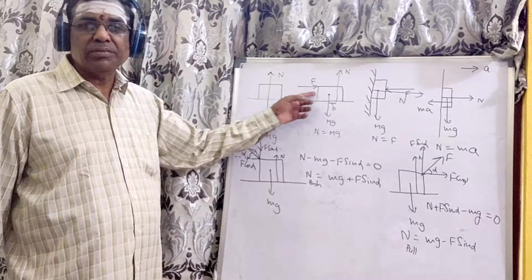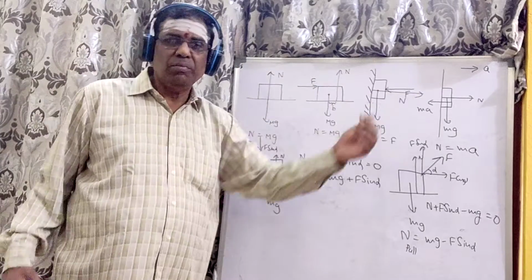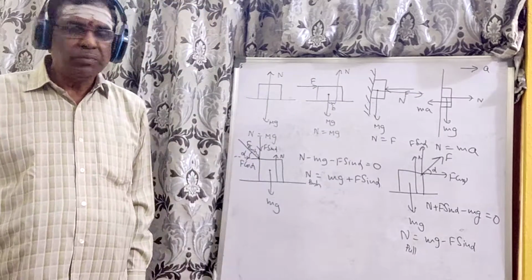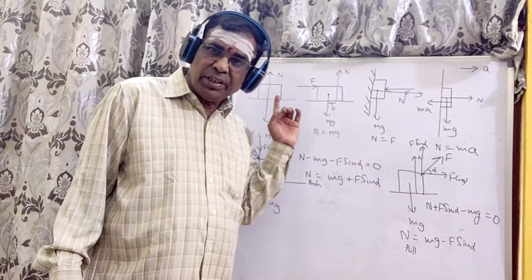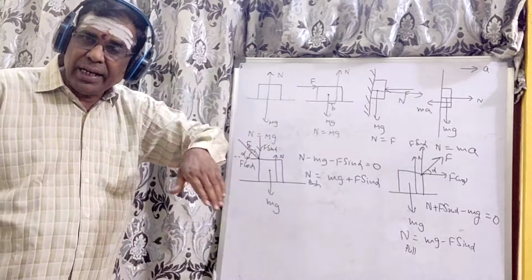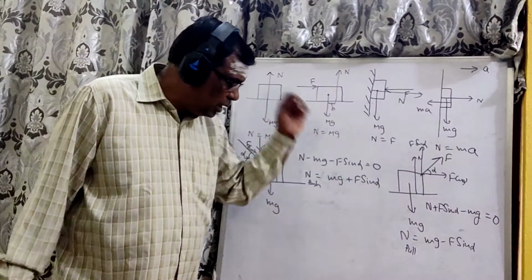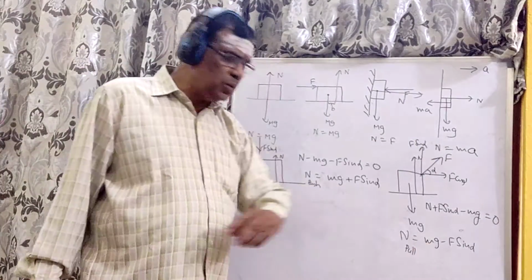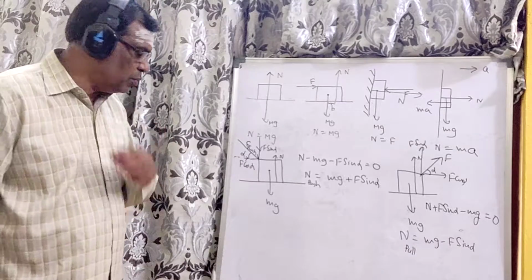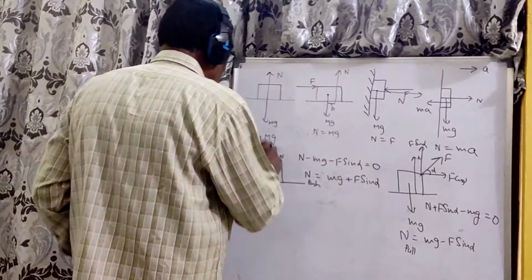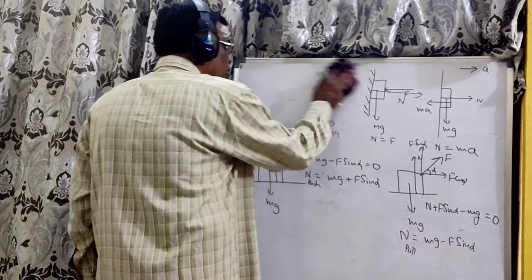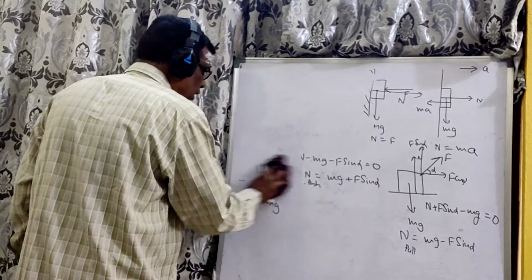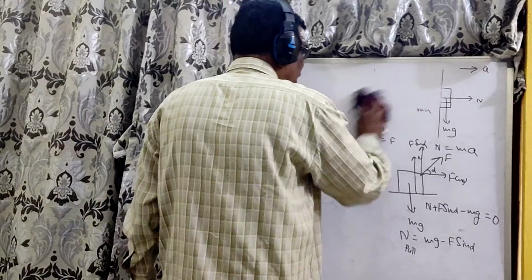Here, look at this. Push, pull makes no difference. But here it makes hell of a difference. So at an angle, pushing leads to increase in normal force. At an angle, pulling leads to decrease in normal force. All right? Now you have seen a pushing case, pulling case.